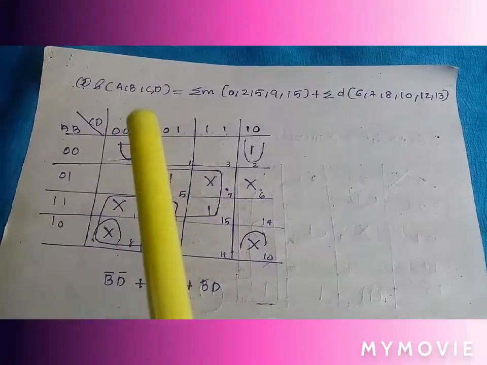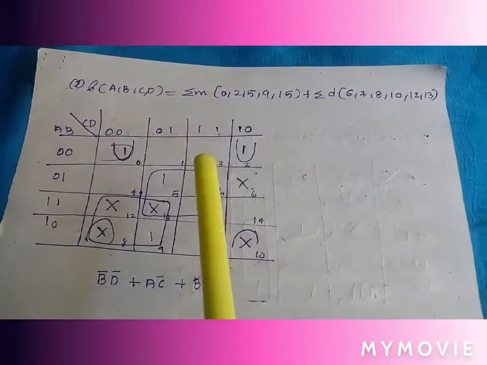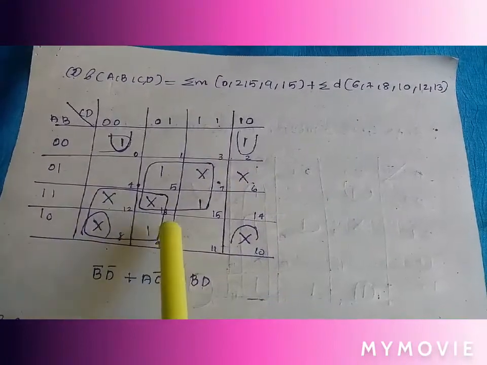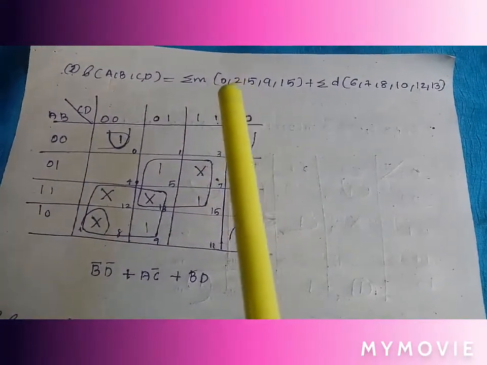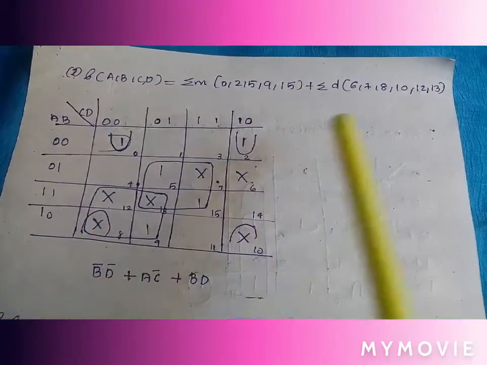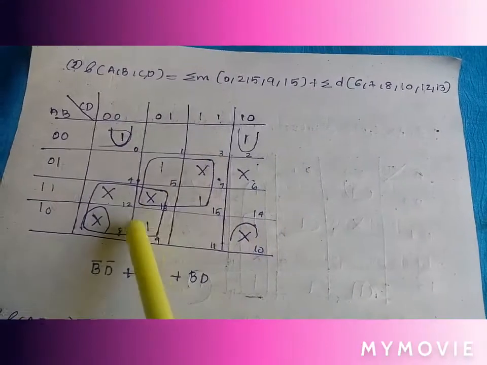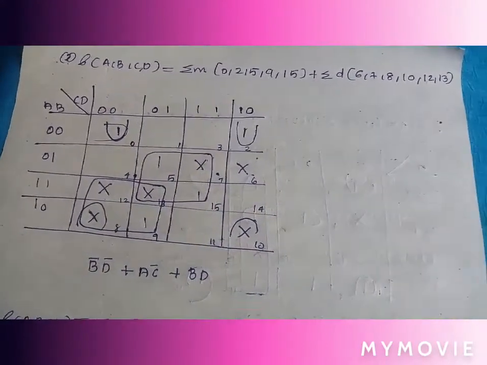These numbers represent the decimal numbers for each corresponding cell. We mark the ones for cells 0, 2, 5, 9, 15, and x for 7, 8, 10, 12, 13, which means the don't care conditions.